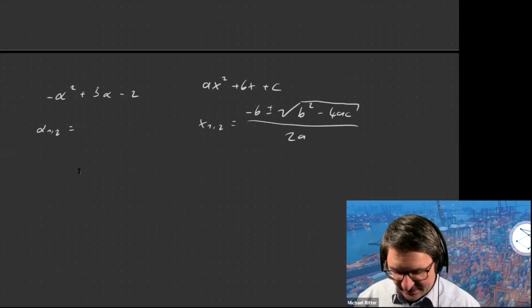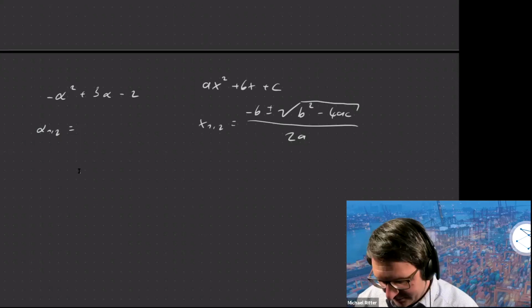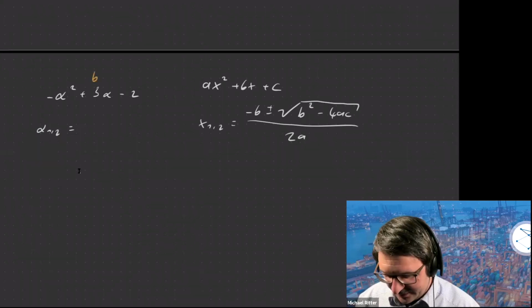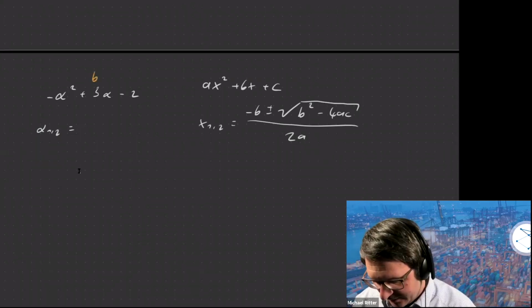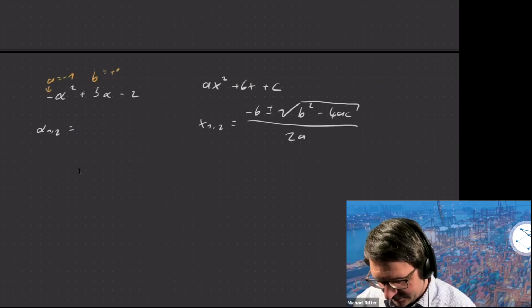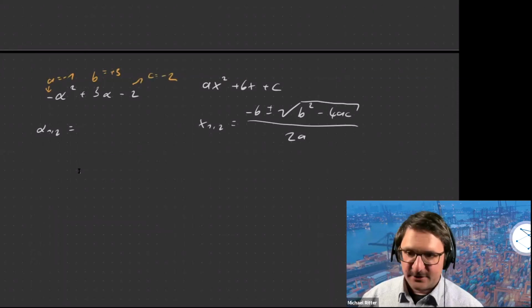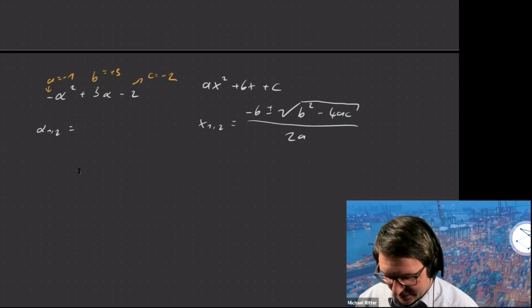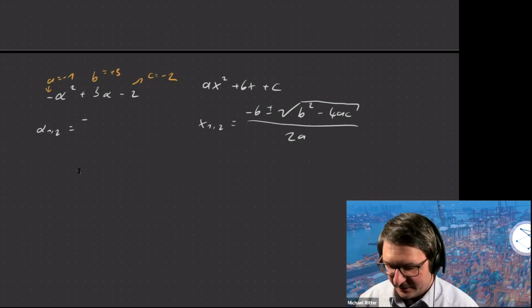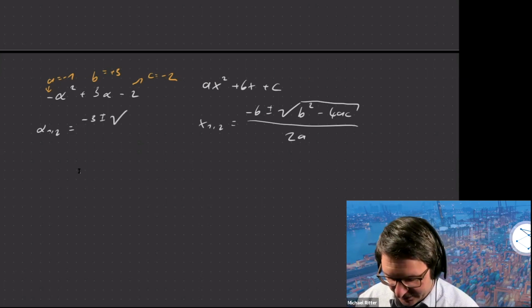So in this case, our b is plus 3, our a is minus 1, and our c is minus 2. And if we do that, we get minus b is then minus 3 plus minus the square root of b squared. That's a 9.